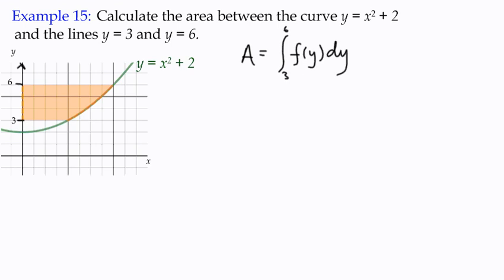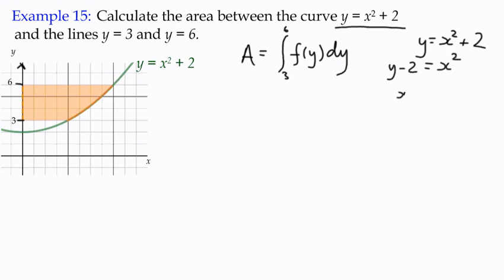Now at the moment we've got the curve in terms of x, f of x. So what we have to do is work out what the function is the other way around, and we can do that by rearranging it in terms of y. So we've got y equals x squared plus 2. We want to say y minus 2 equals x squared.